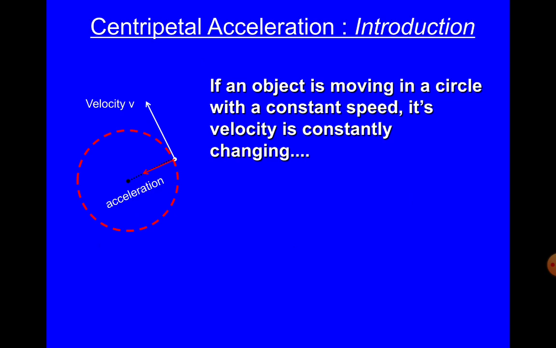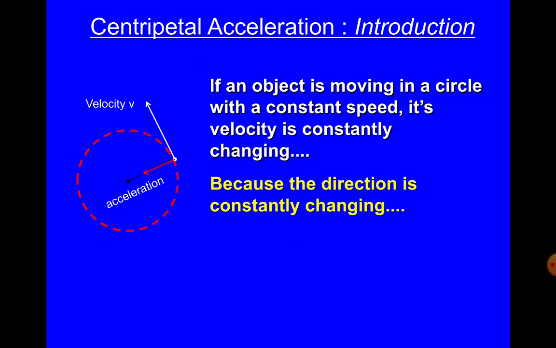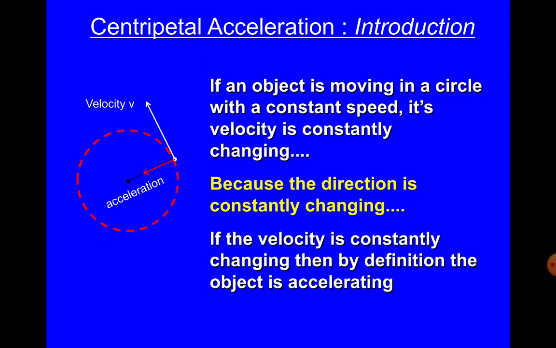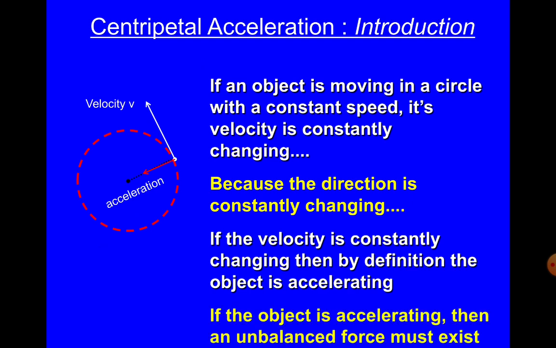You don't need to derive it, but you need to know the formulas. Remember, when an object is moving in a circle with a constant speed, the velocity is changing constantly. Because there is a constant change of the velocity, the object is constantly accelerating. So, if the object is accelerating, then an unbalanced force must exist.